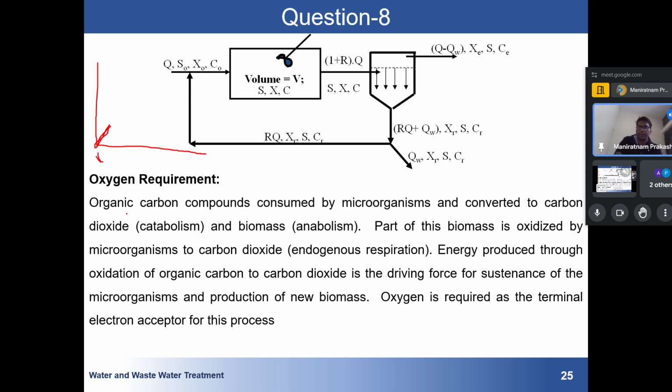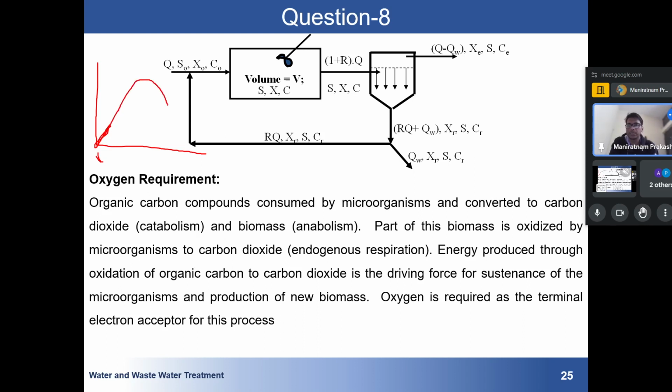The organism will consume this organic matter, and the energy produced via that consumption will help in the production of new biomass. You must have read about this biomass curve.